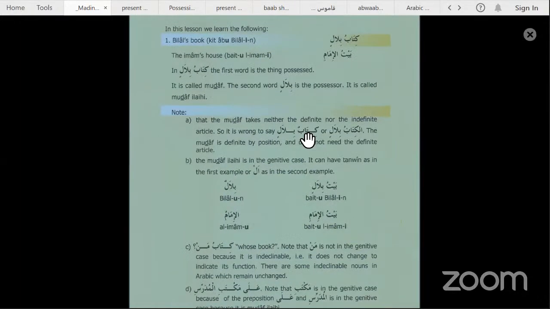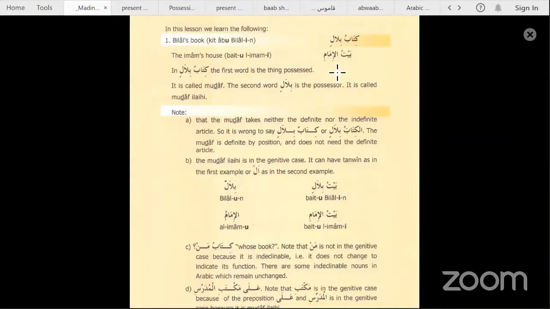Let me explain. When you make mudaf ilayh, you can have kitabu bilalin. As I taught you before, every noun without alif lam has a default position of dhamma tanween, indefinite. So we read kitabun. However, when it comes into a relationship of mudaf and mudaf ilayh, you cannot say kitabun bilalin.